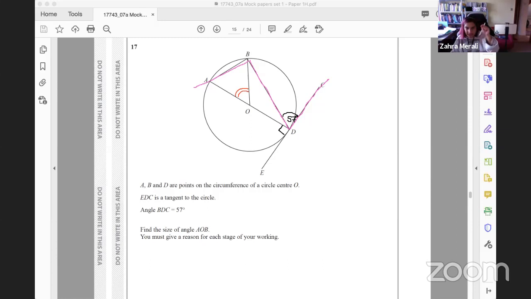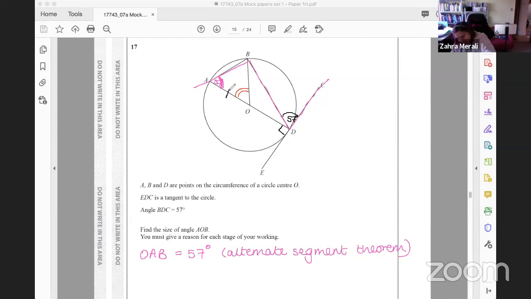So OBA is 57, and so is OAB, right? So here, this angle here is also going to be 57. So we would write OAB equals 57 degrees because of the alternate segment. And if you're not sure about that, I will be doing a circle theorems video and going through that slowly, because that's the strangest bit, if you like, of circle theorems.